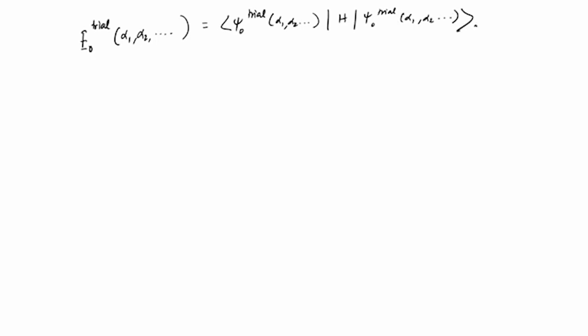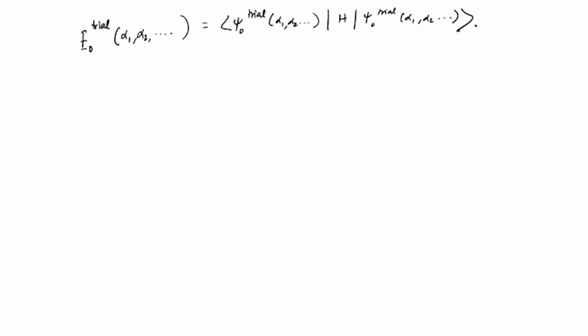So, your E0 trial is going to be a function of alpha 1, alpha 2 and so on, and this is nothing but psi 0 trial with alpha 1, alpha 2 and so on, then H, and then psi 0 trial again. Okay. This is your trial wave function or trial energy.